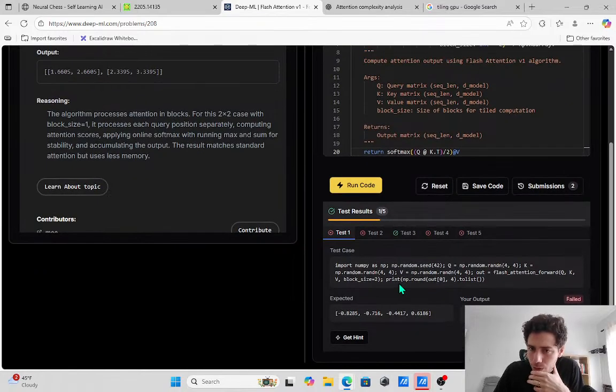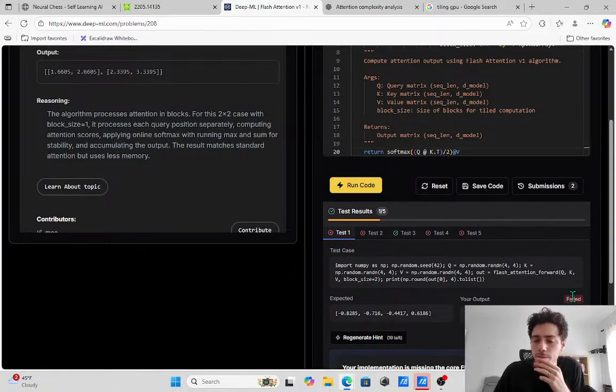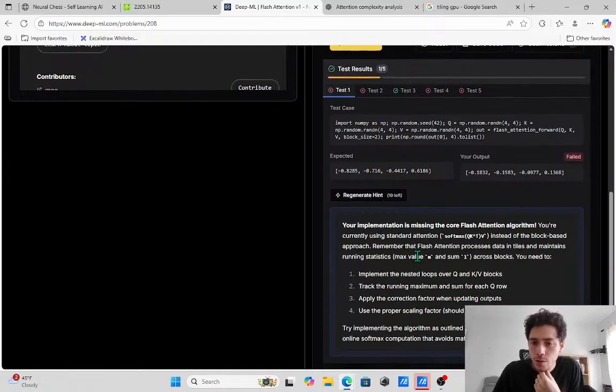Did I just compute attention wrong? Why is it negative? Let's generate a hint. It says the implementation is missing a core flash attention mechanism, that I'm using standard attention instead of a block-based approach. Yeah, but the dimension was 4 in this case. Fine, apply that.